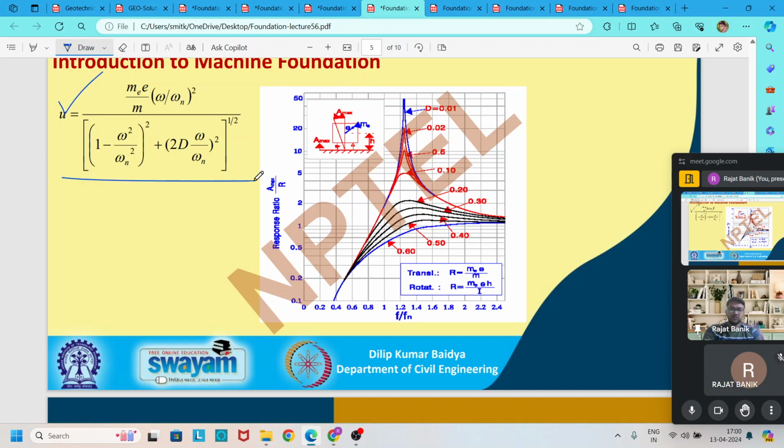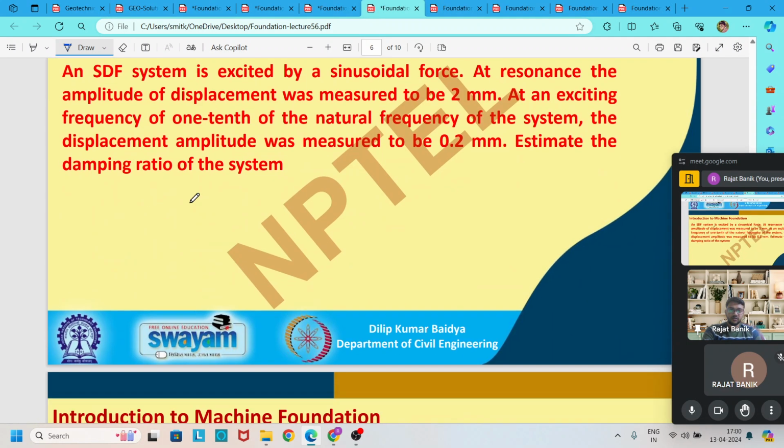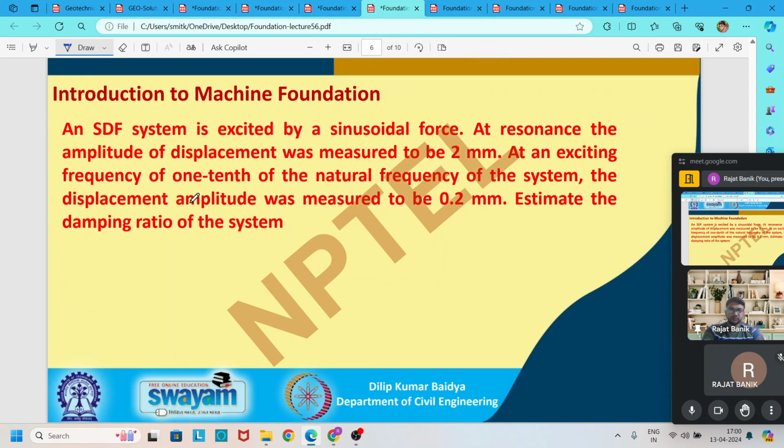See, we use this concept here. Now moving to the next question, which is a little bit of a similar type, but here we use a constant force system.